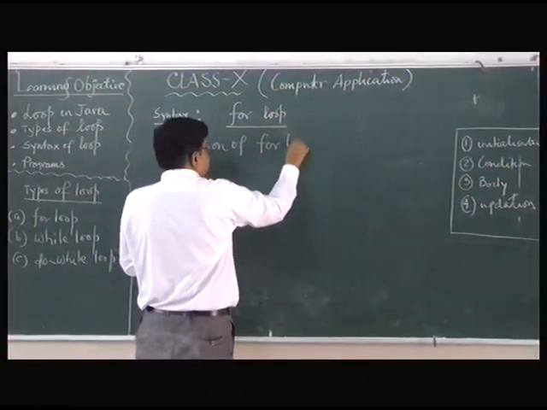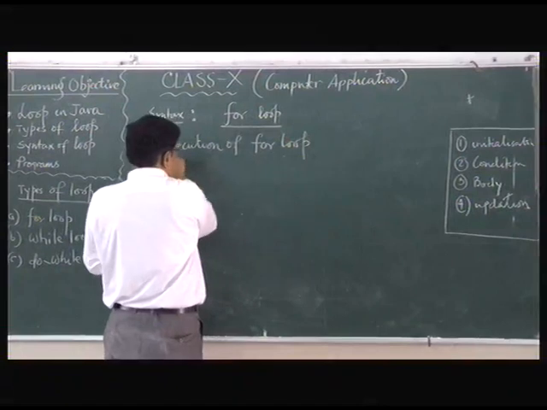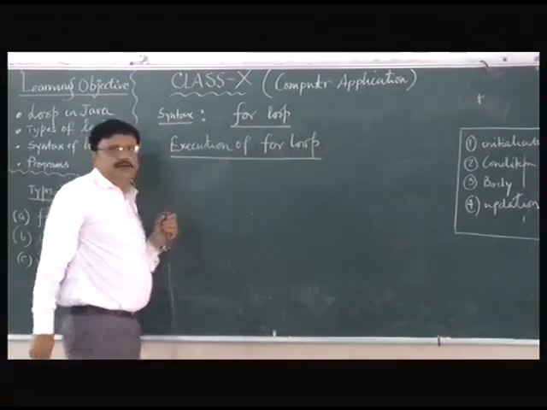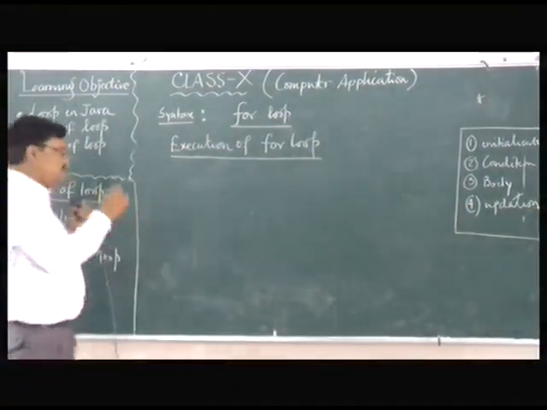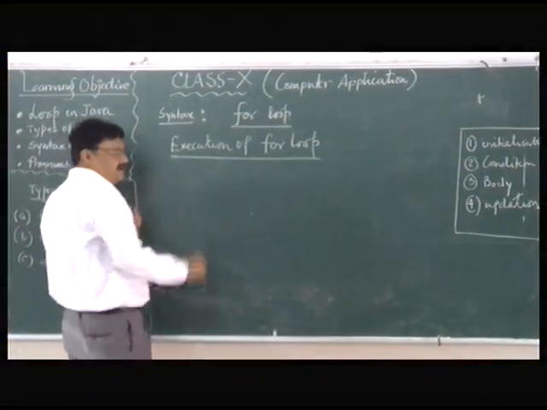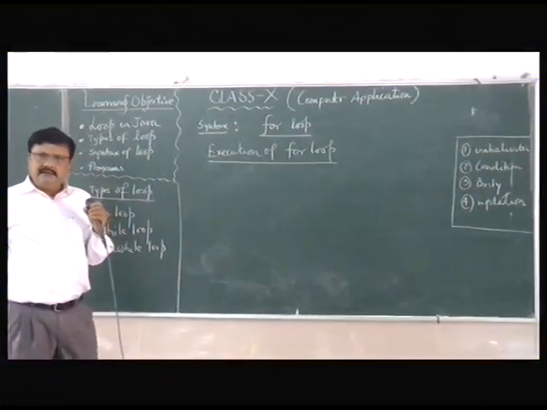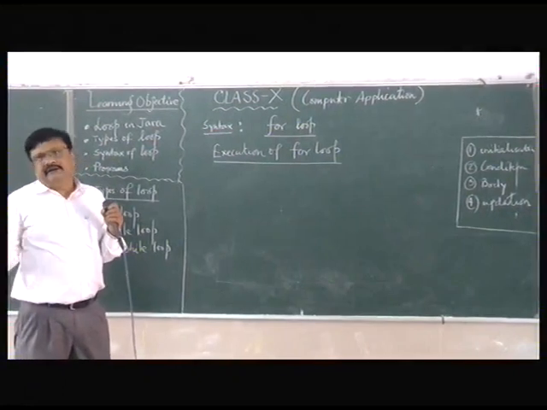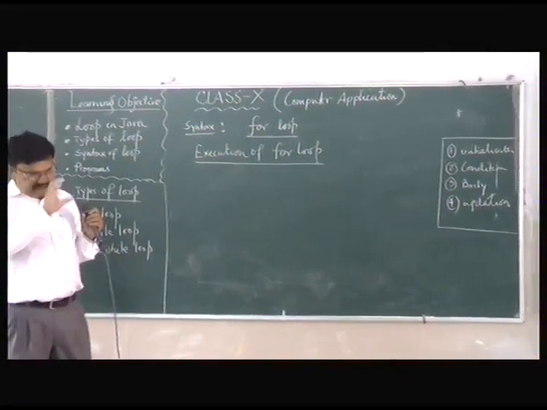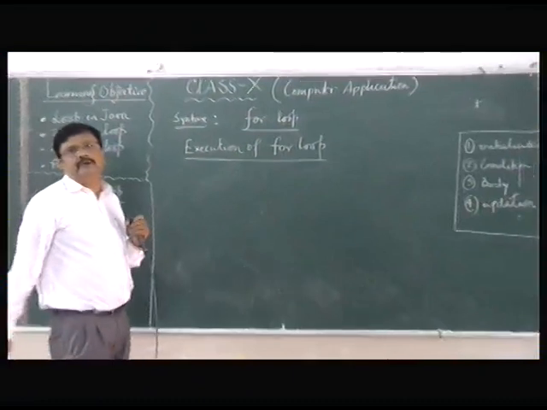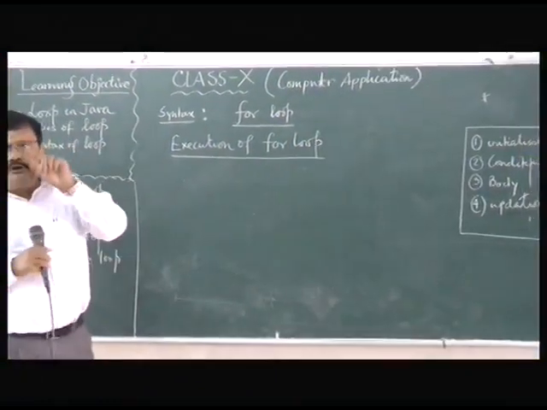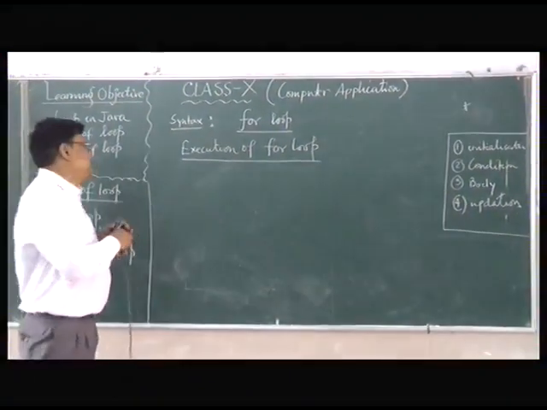Now this is important because you must know the steps of execution, how it actually runs. So let us print 1 to 10. We are just writing the snippet, not the full program, to print numbers from 1 to 10.